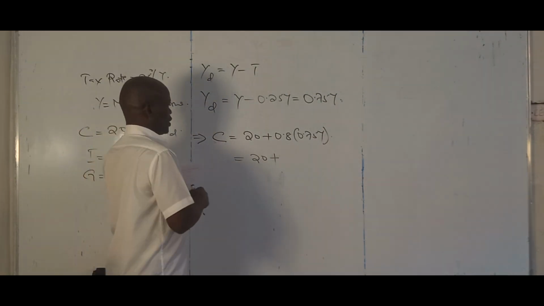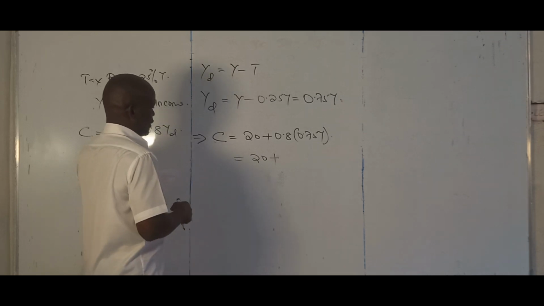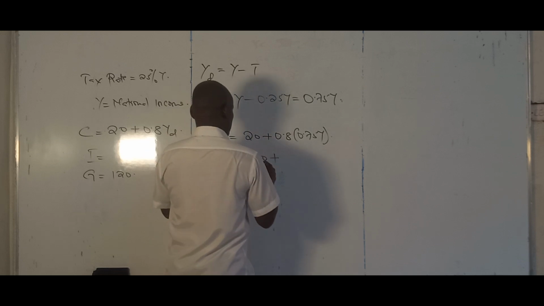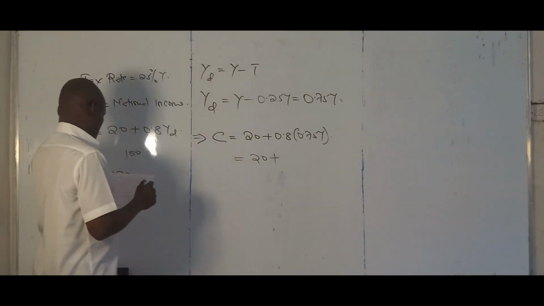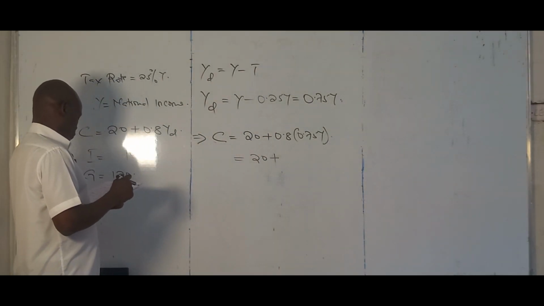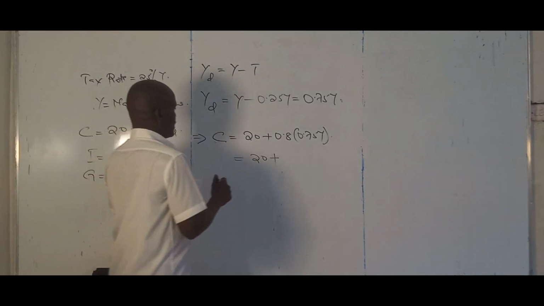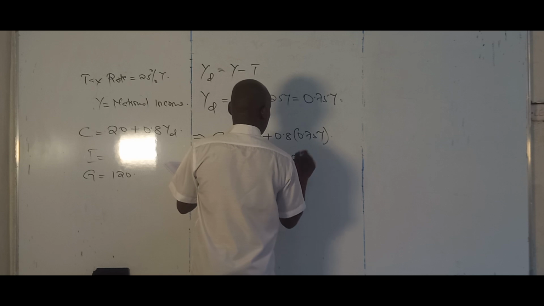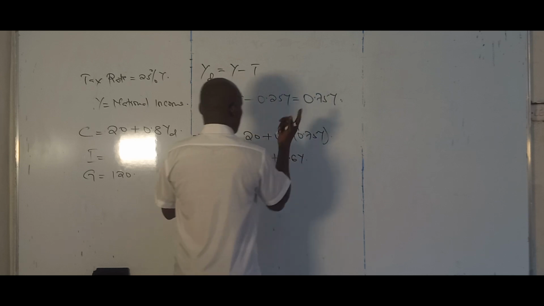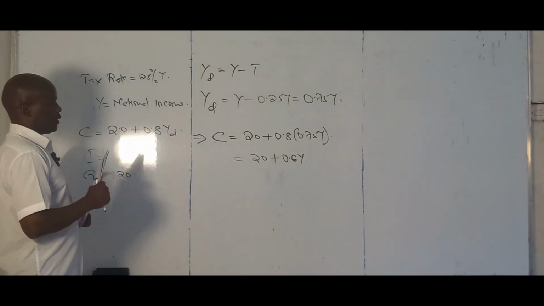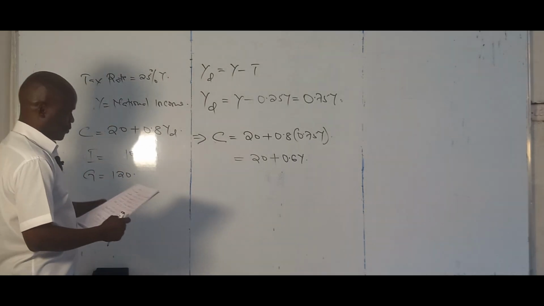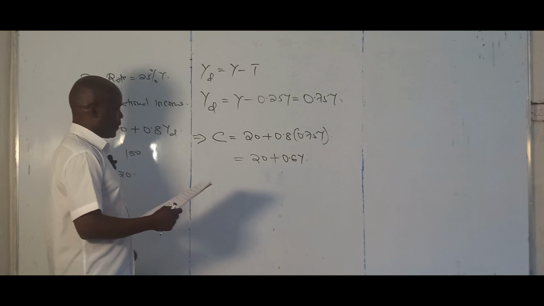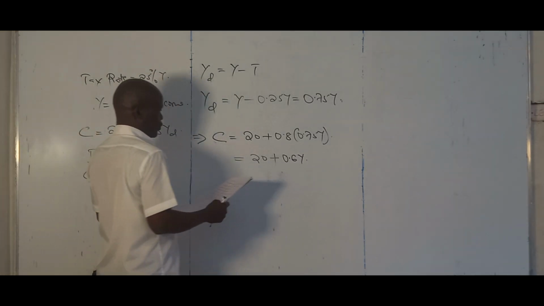So just work it out and you'll see, multiplying 0.8 by 0.75. What we have is 20 plus 0.6Y. That specifies the consumption function.